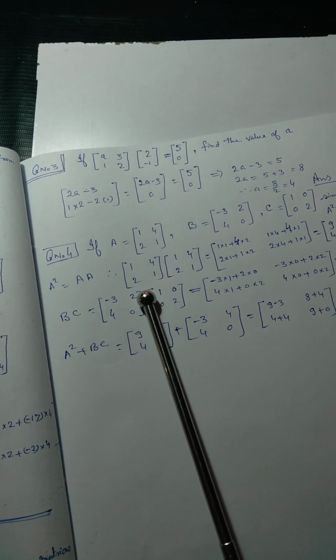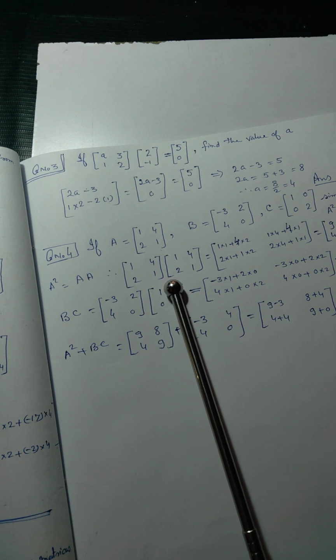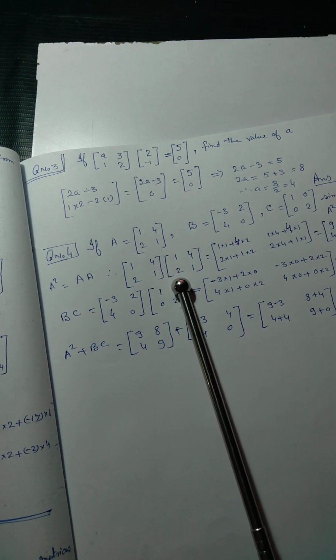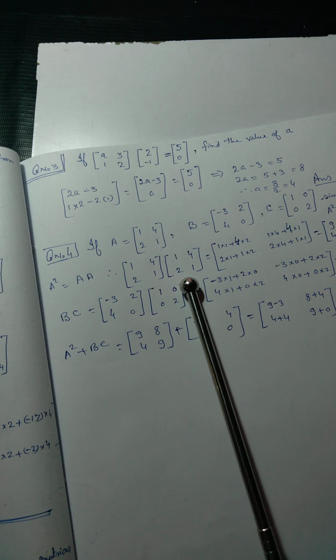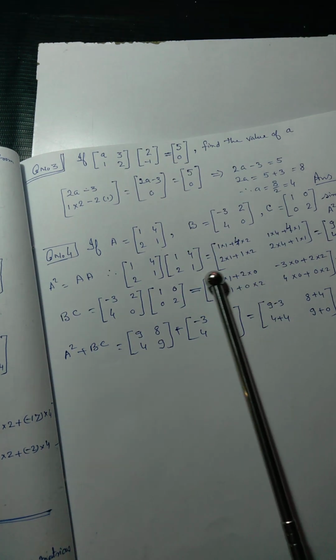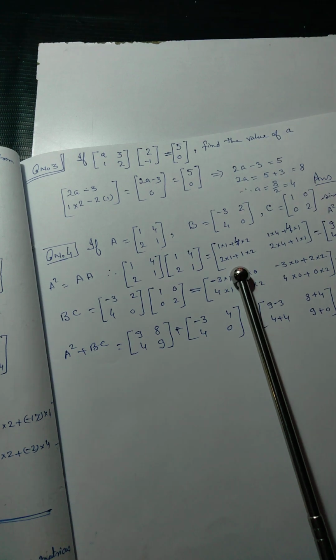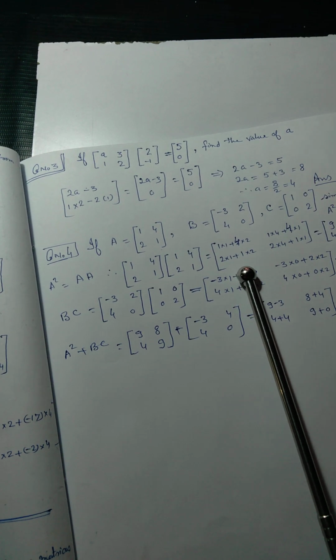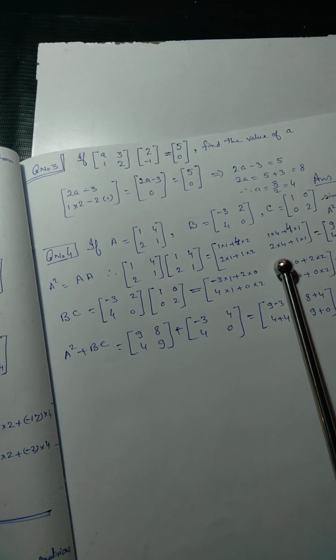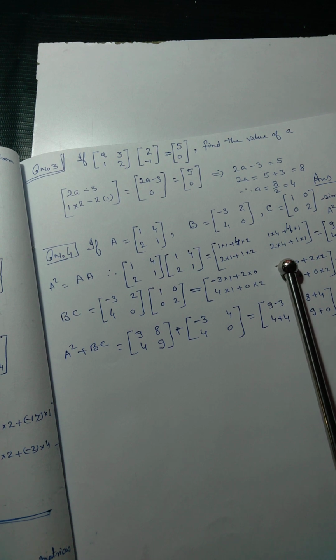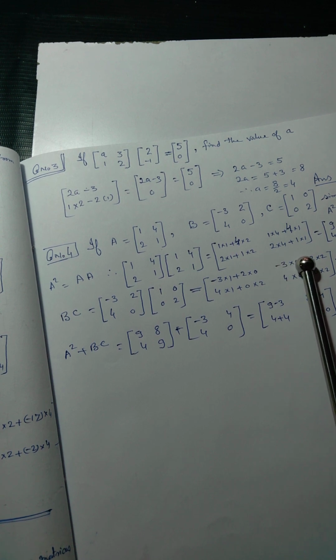Now the second row, that is 2 and 1. 2 will be multiplied to 1, as well as 1 will be multiplied to 2. You see, 2 into 1 plus 1 into 2, 2 into 4 plus 1 into 1.